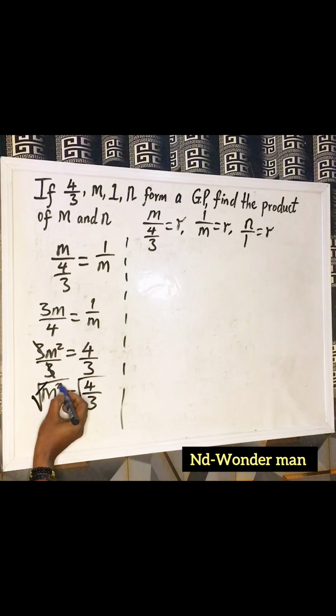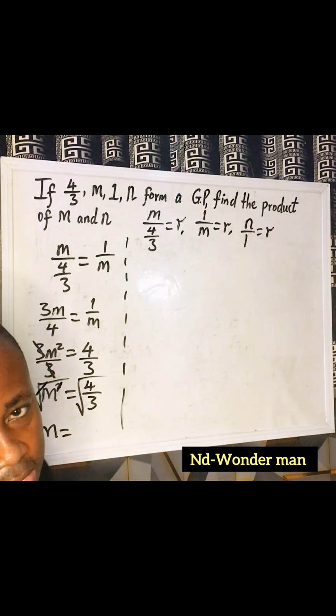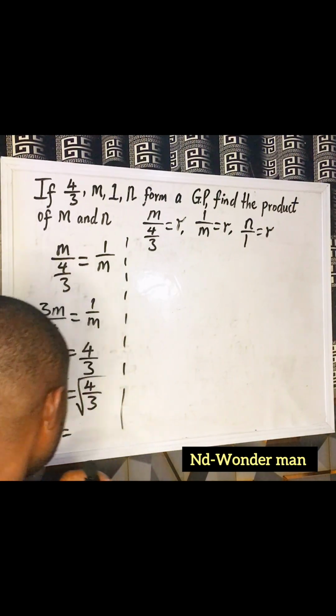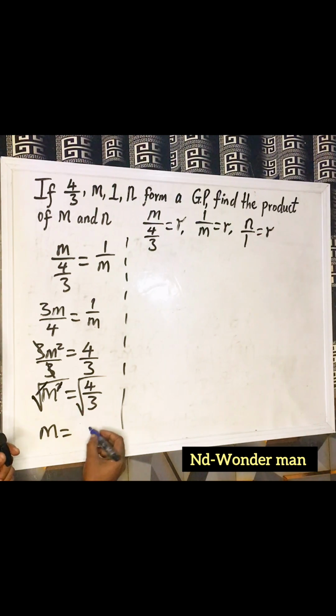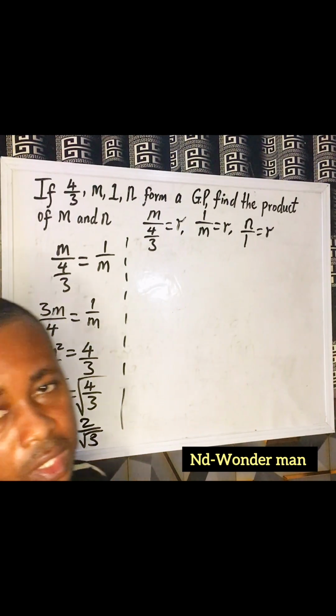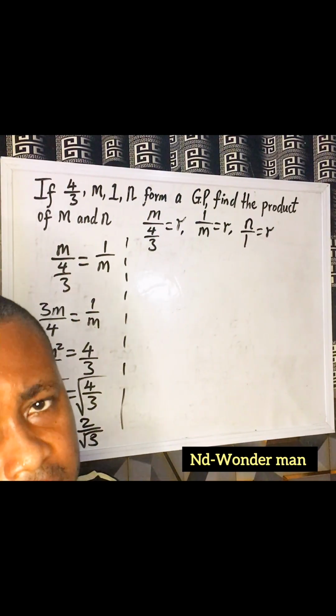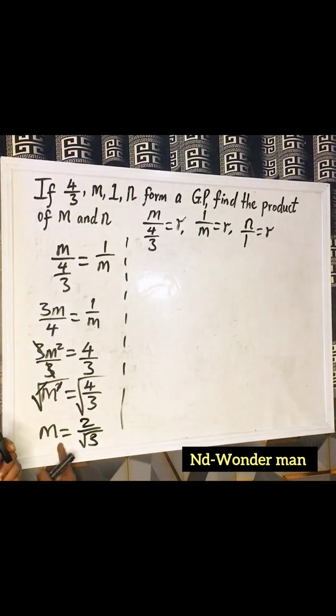So the square root cancels the square. Our m is equal to what? This numerator here obviously happens to be a perfect square, right? It has a square root which is an integer. Yes, square root of 4 is 2. So we're having 2 over root 3. That is the value of m. 3 is not a perfect square, so we need to leave it in surd form. We've obtained the value of m.